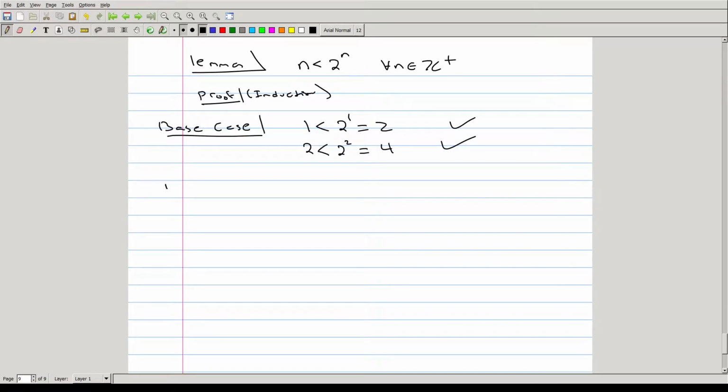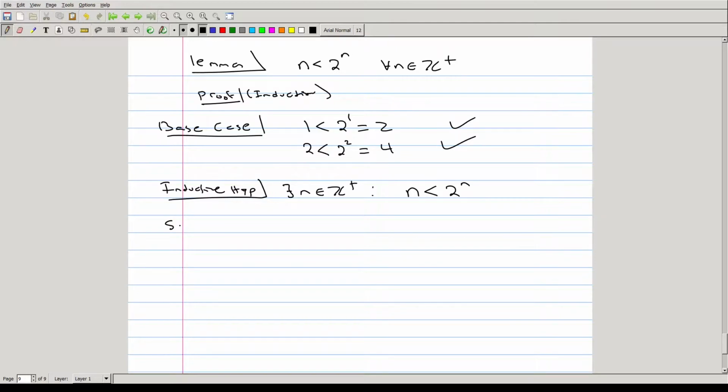So our inductive hypothesis will be that there exists an n in Z plus such that n is strictly less than 2 to the n.